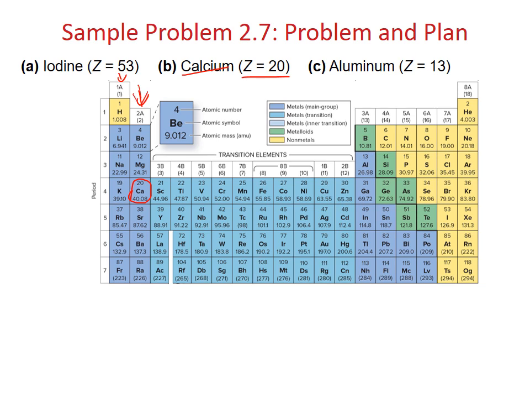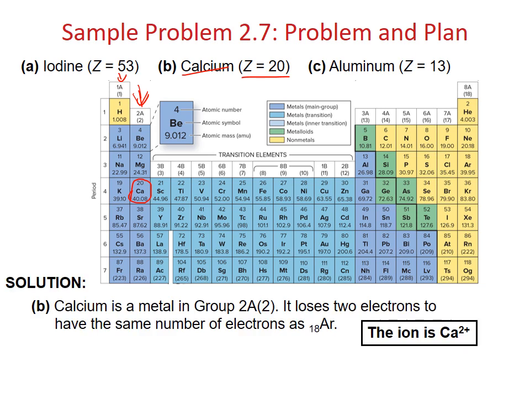So calcium will lose 2 electrons to form calcium 2 plus. In fact, you will see that calcium has 20 electrons and argon 18. So to achieve the noble gas structure, you need to lose 2 electrons. When you lose 2 electrons, you become 2 plus. Okay, and so that's calcium as B.